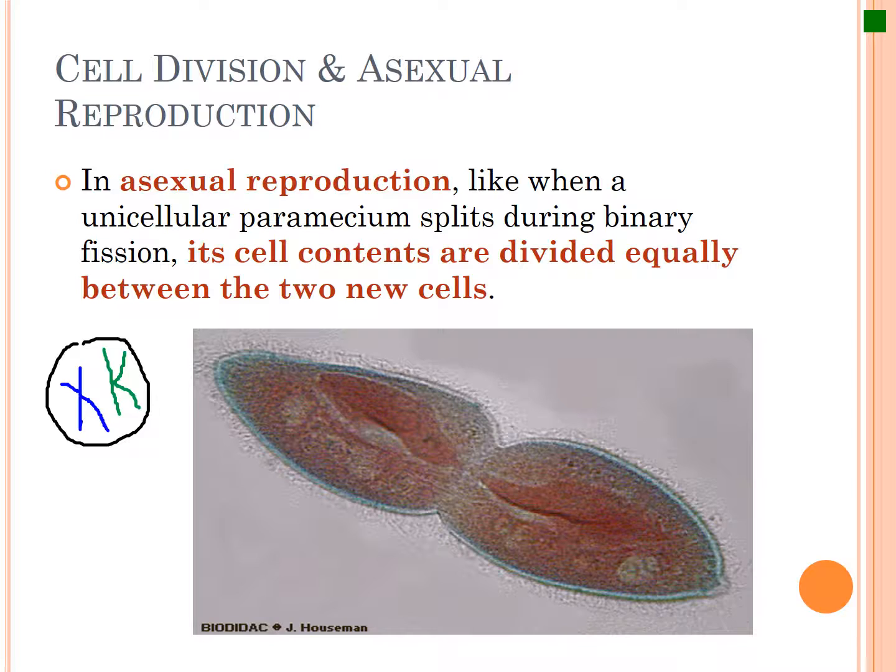And eventually, when the cell divides, each new cell will get a copy of each of the chromosomes. So through the process of binary fission, you get something like this, right? Like that, and then you have two paramecium that are exactly genetically identical to the parent paramecium.